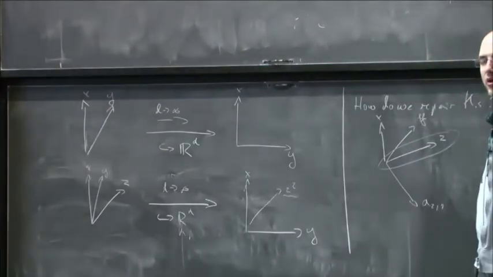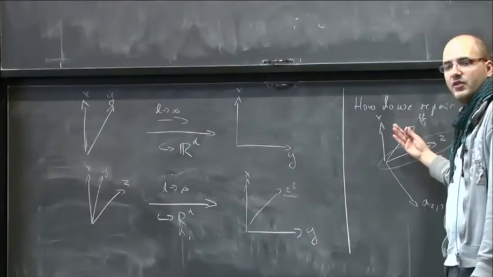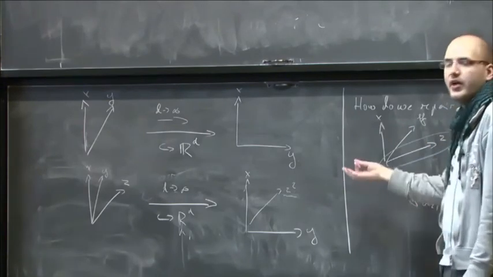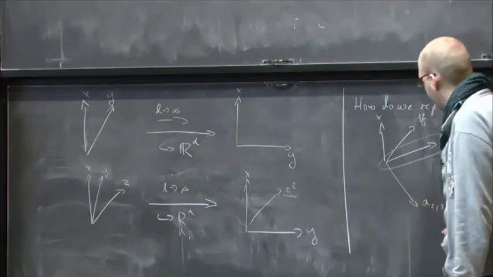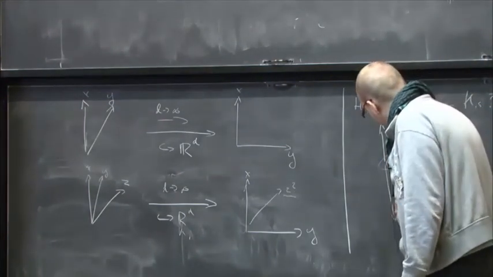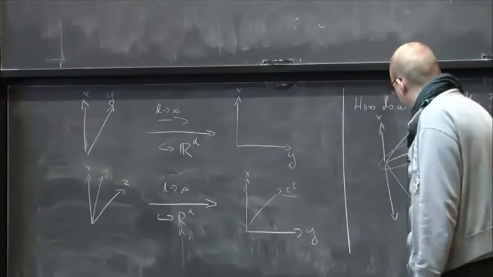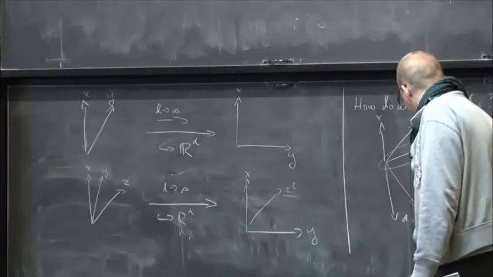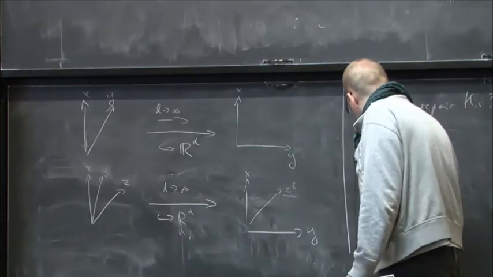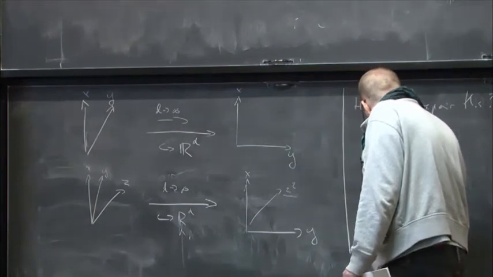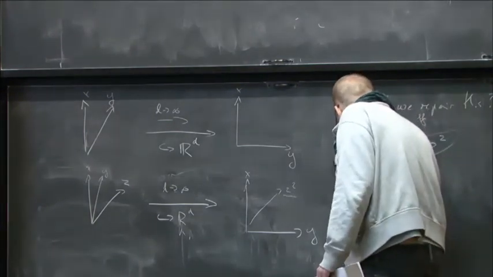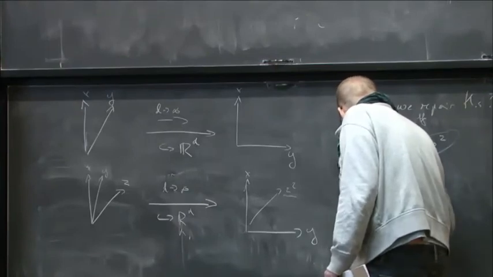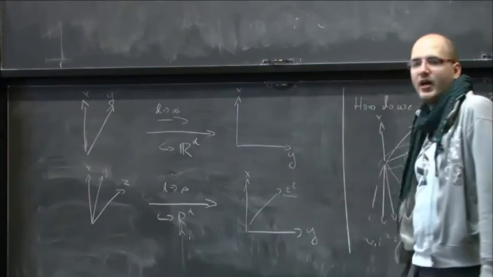You can choose it uniformly at random in RD, so this will span a new subspace. Now I do this again: I choose a second auxiliary vector AZ2, then AZ3, and again and again, up to an auxiliary vector AZ with coefficient I.